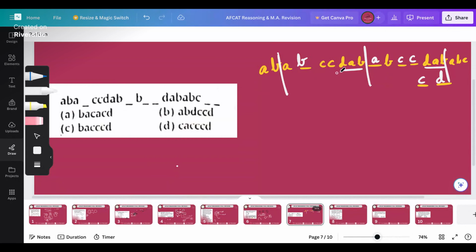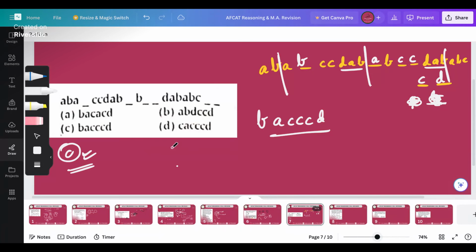So A B C C D A B, A B C C D A B, A B C C D A B. When it's not required, it's just the extra one. But if you have to write it extra, just write down all the white ones. B A C C C D. So B A C C C D, we will go ahead with option C as your correct answer.